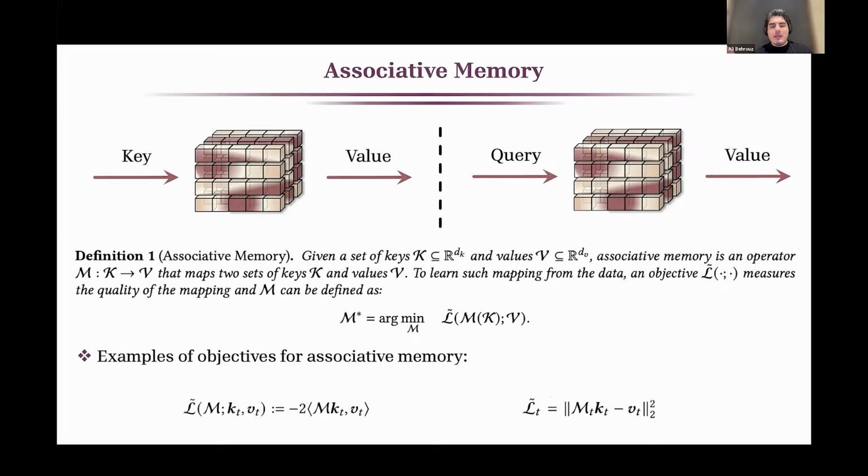If we maximize the similarity of these two, or minimize the difference between these two, then we can say that we have a perfect memory.